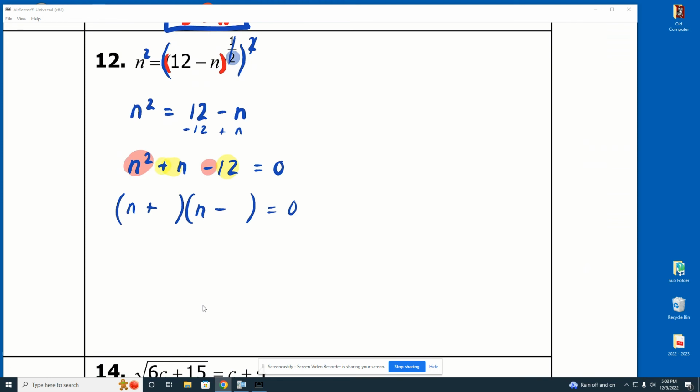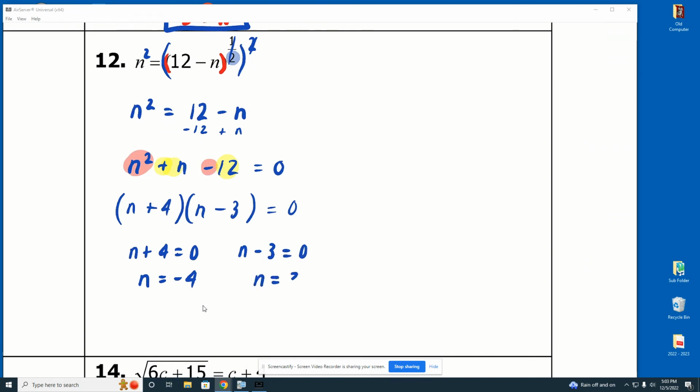And more specifically, to give me a positive n in the middle, it had to be positive with my bigger factor, 4, and the 3 with the smaller one, or the minus. So then if I take these two and set them equal to 0 and solve, this one I'm going to subtract 4, and this one I'm going to add 3.